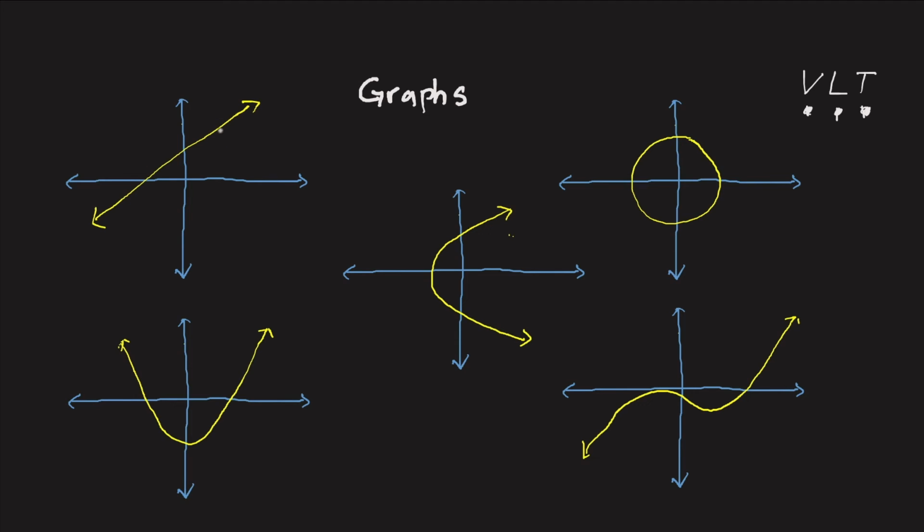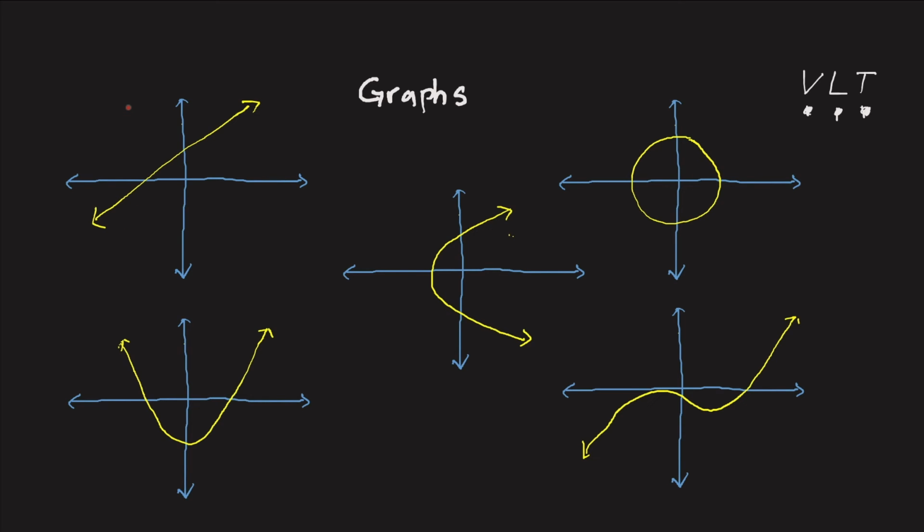Now, it's very easy. You just draw a vertical line that will intersect or pass through the graph of a certain relation. And if that vertical line passes through the graph at exactly one point, that is a sign that a certain graph is a function. Now let's try this linear graph.